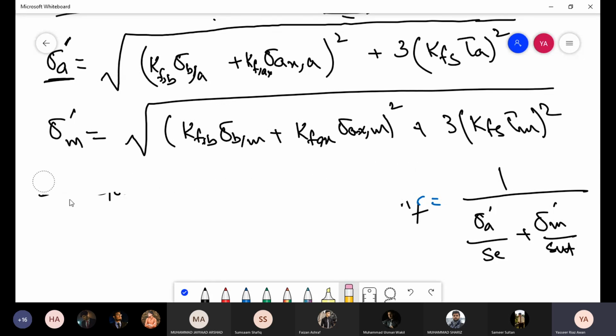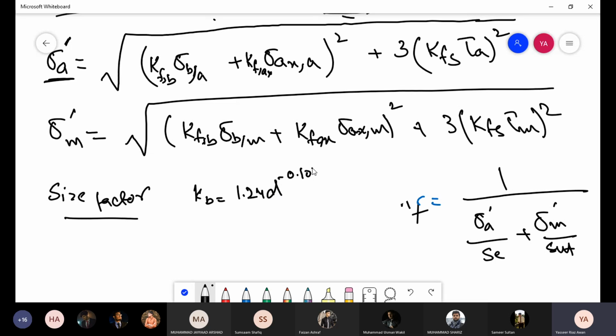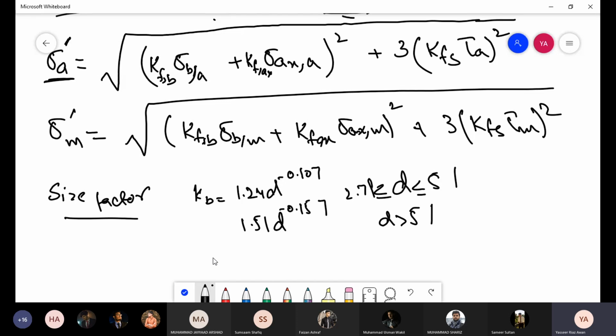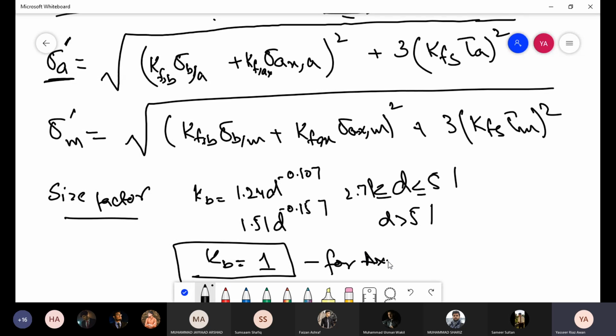A couple of problems will come up. First, obviously, what to use in the size factor, okay. So for the size factor, you had this equation for the value of D between 2 point something and 51 millimeters, okay, and Kb was equal to 1 for axial, okay.